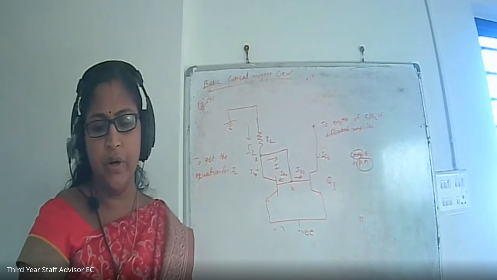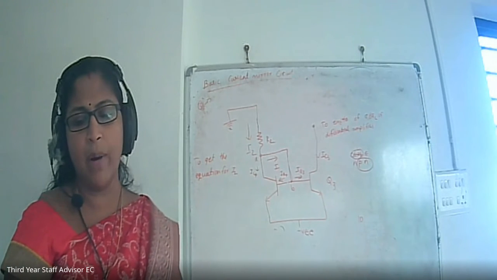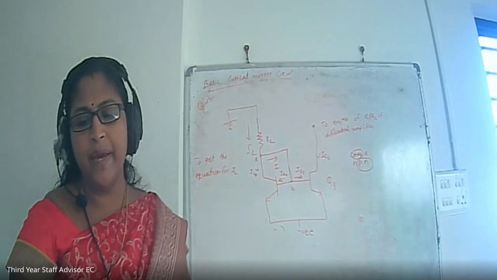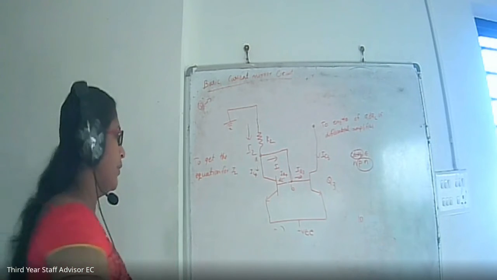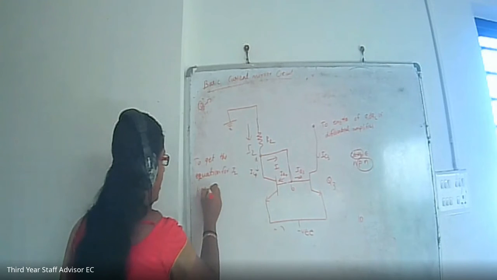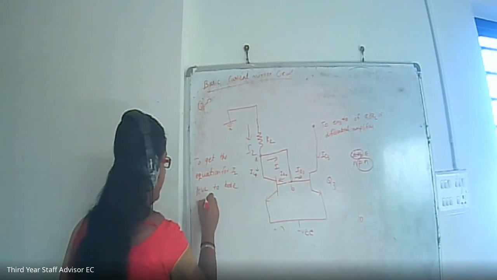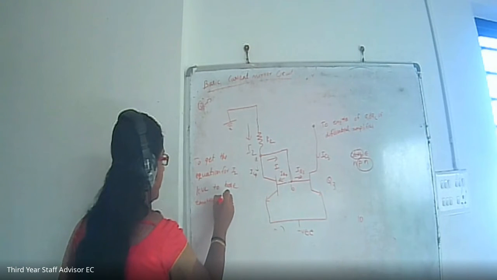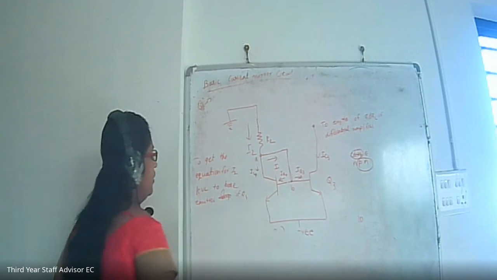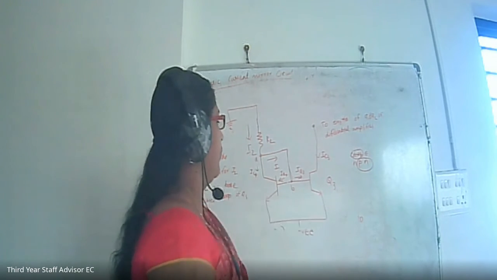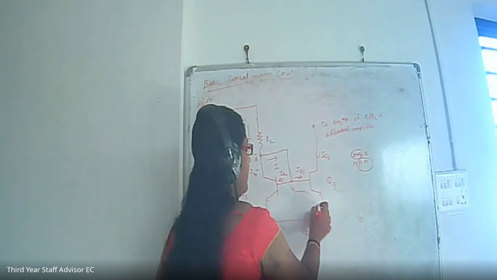In order to get the equation for I2, we have to apply KVL to the base emitter loop of the transistor Q3. We are applying KVL to the base emitter loop of Q3.